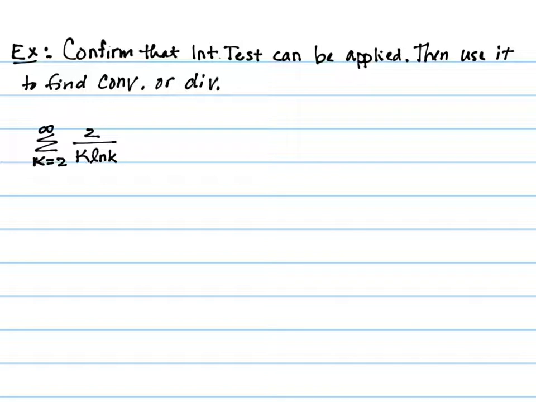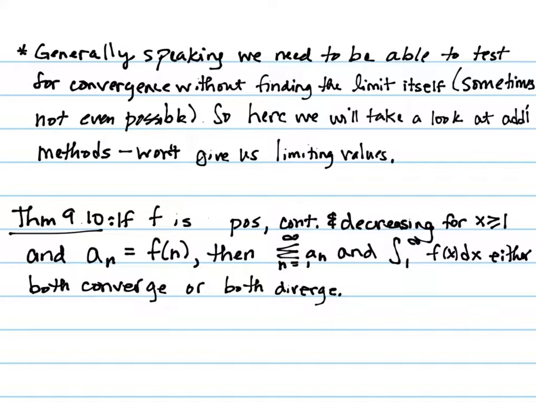So what does the first part of the directions mean? It says, confirm that the integral test can be applied. At the very beginning of the integral test, there were some conditions that had to be true. The terms have to be positive. The function itself has to be continuous. And it has to have decreasing values.